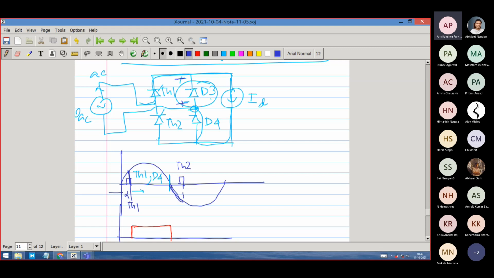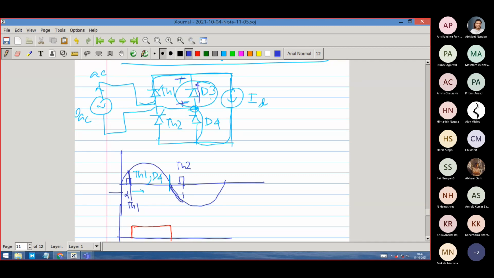If D4 doesn't conduct and D3 conducts, then what is happening? If D3 conducts, the voltage across D3 will become zero. D3 will conduct, and the voltage across it is zero.